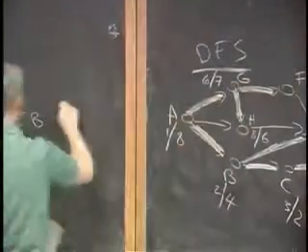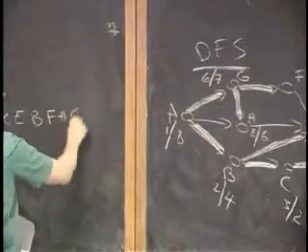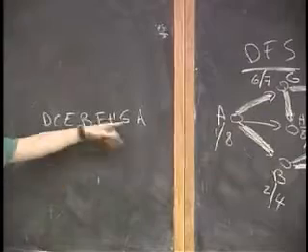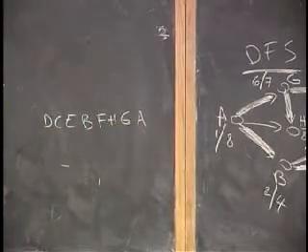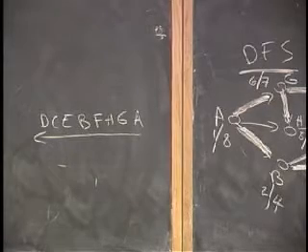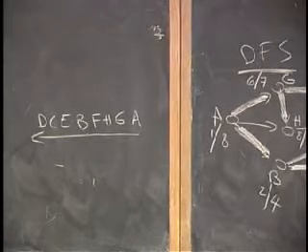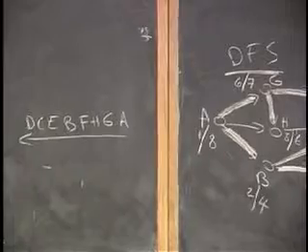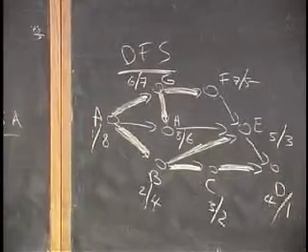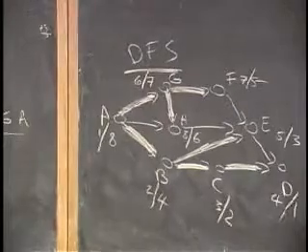F, H, G, and then back to A. If you read this from right to left, it's a topological sorting of that graph. So if you do a depth first search, store the depth first search tree, do a post-order traversal of the tree, and read it in reverse, that's topological sorting.